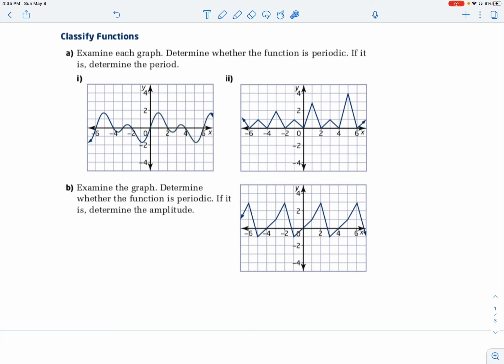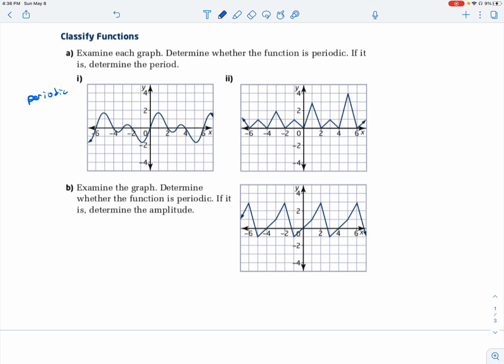Also, if I look backwards, I can see that same cycle there as well. The distance from peak to peak looks like around 6-ish, and I can see it's holding true for that too. So this is definitely periodic. We'll just add that in right here. Okay, this one is periodic.